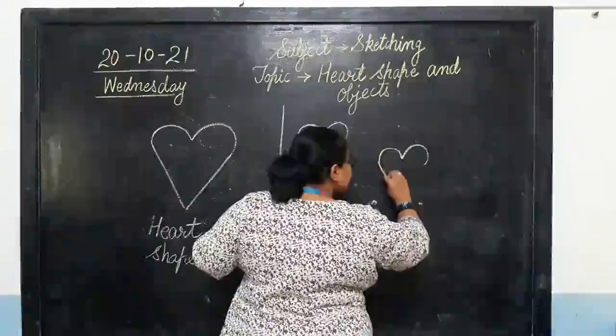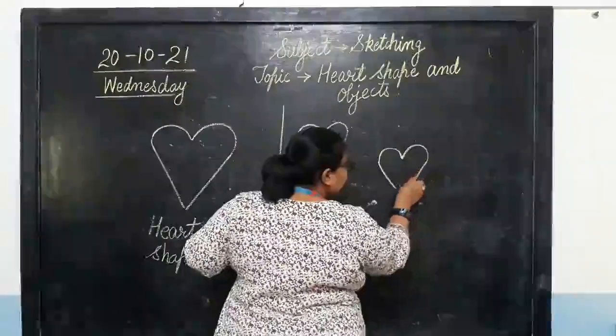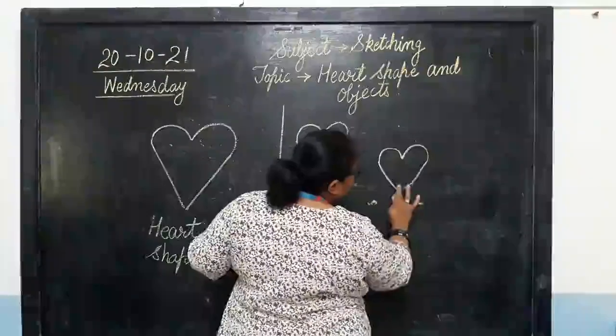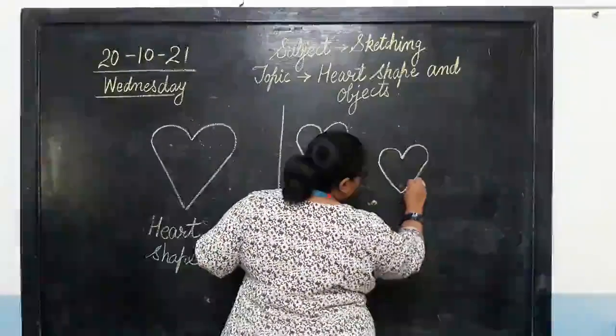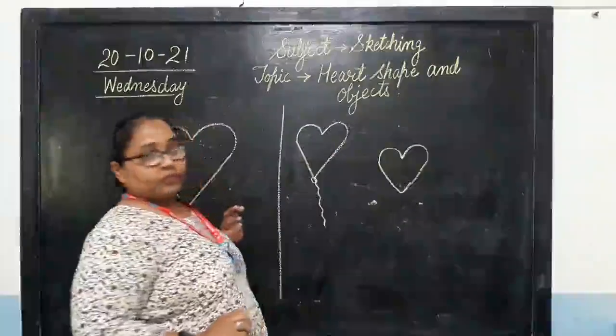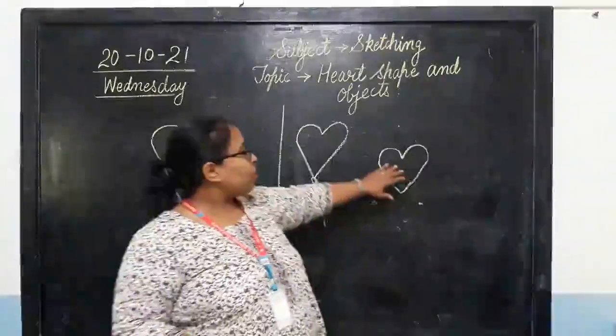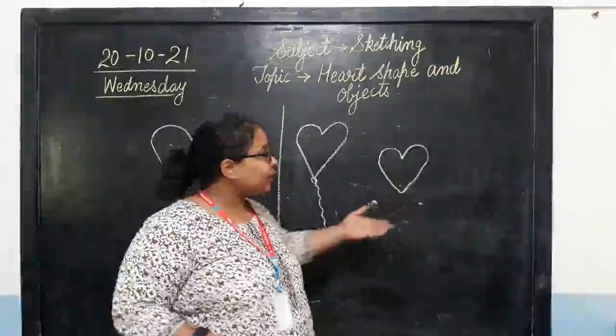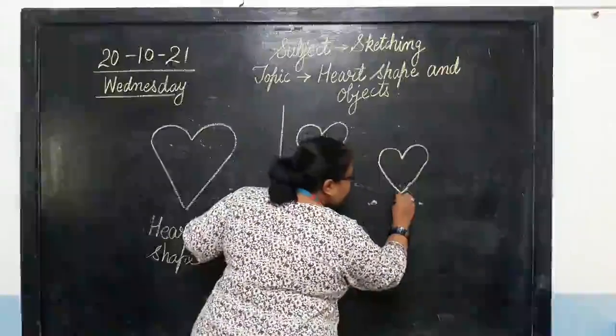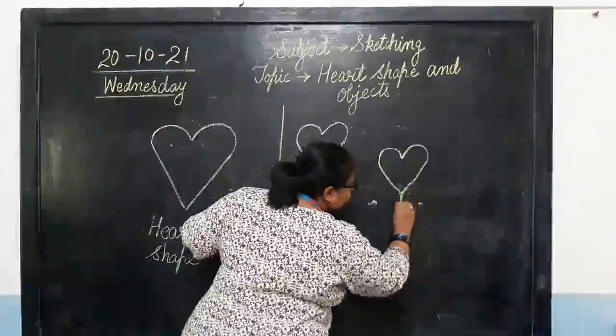So you just have to make some heart shapes like this. One small, a bigger one can be a balloon, a smaller one can be your candy or chocolate. To make it a candy, make a stick here like this.